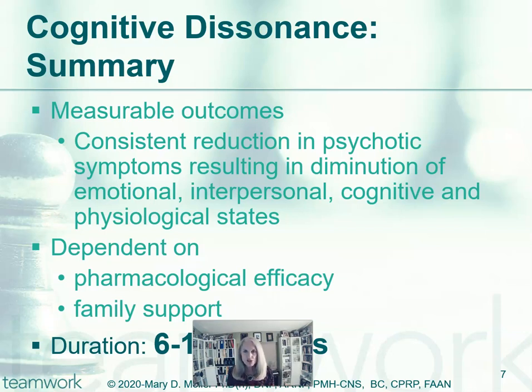So there's an inflammatory process that happens with a psychotic episode. And that brain inflammation is dependent on how long they were psychotic before they got into treatment. So if someone has a long DUP, duration of untreated psychosis, then they're going to have a longer time on the couch.